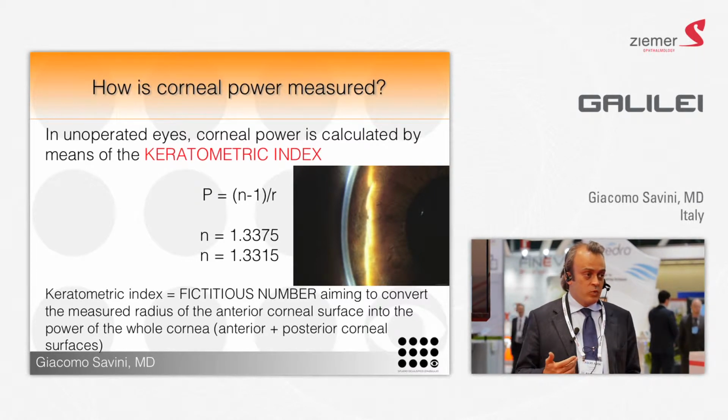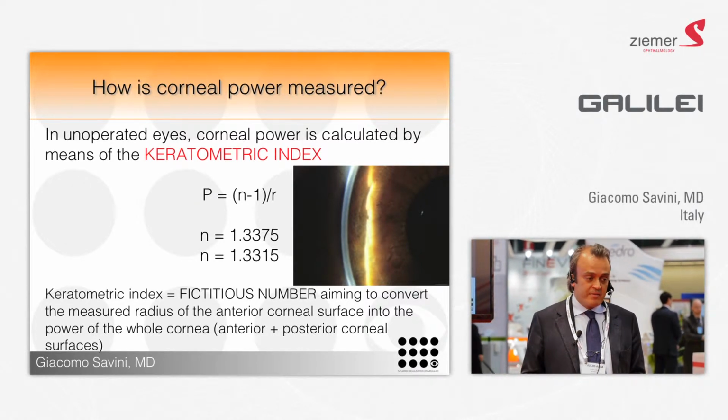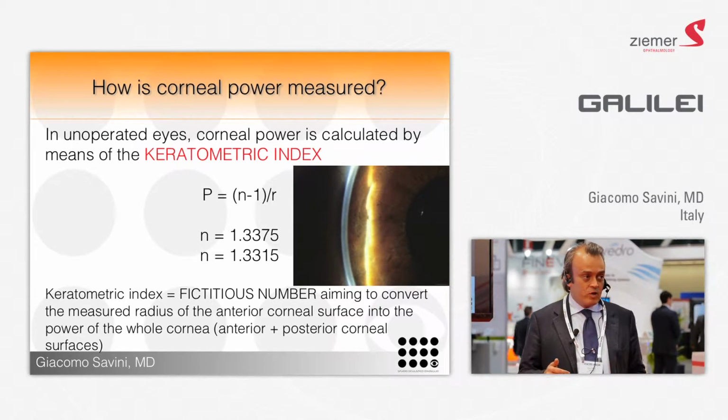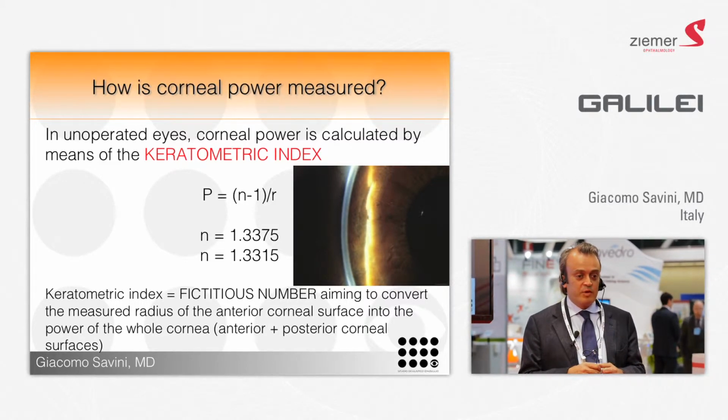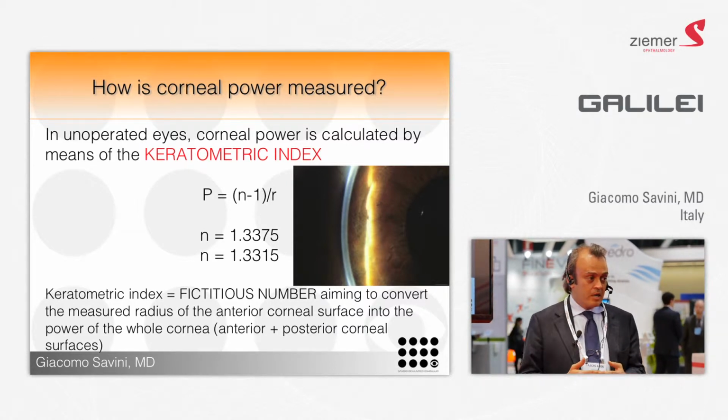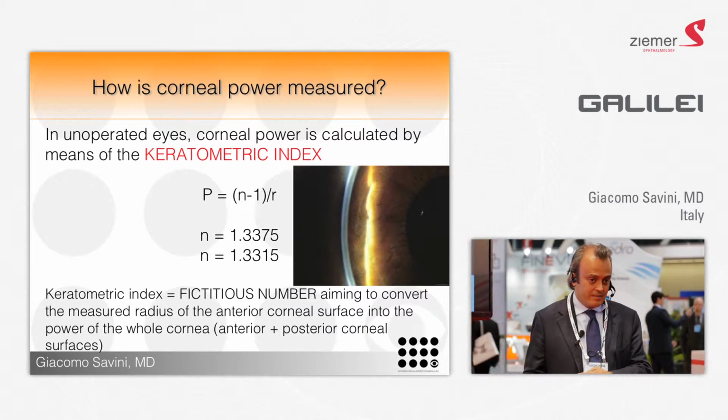It was developed probably in the 19th century by Javal, we don't know who developed this, in order to have a very simple equation so that a cornea with a 7.5 millimeter radius in the anterior surface would give a 45 diopter power. Very simple, 7.5, 45 diopters.